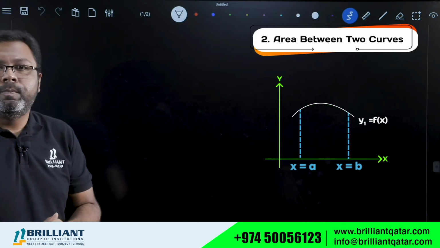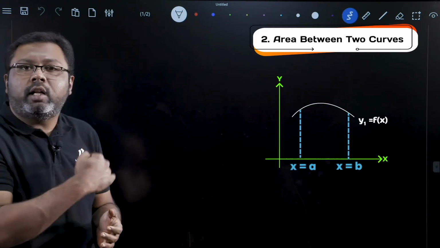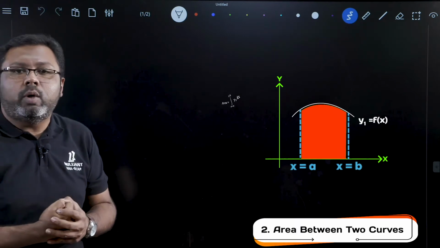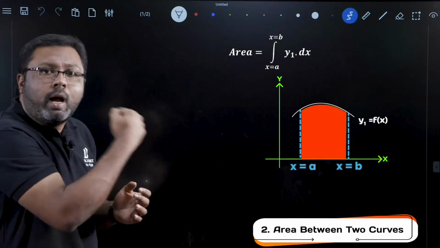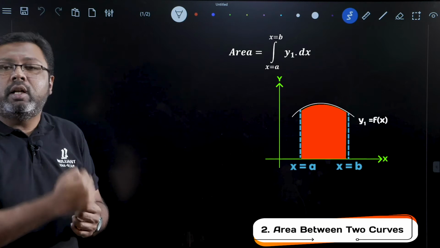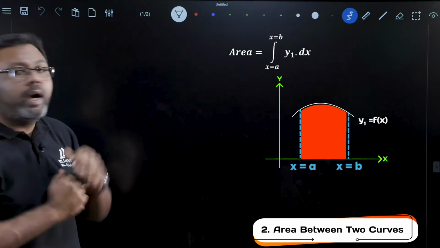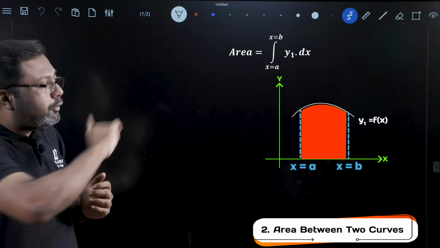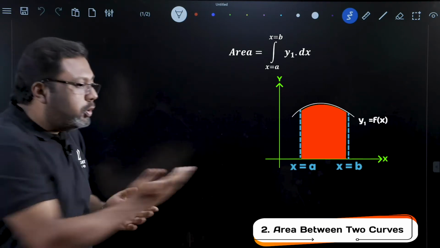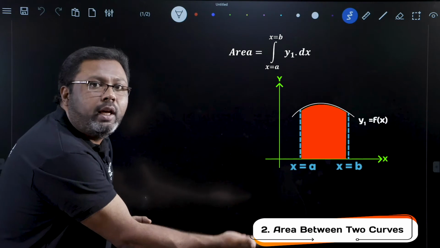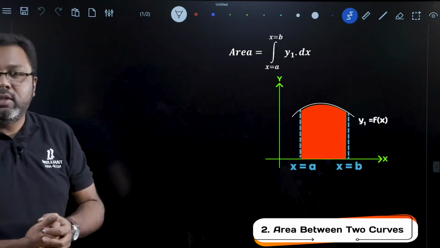Now if you find the area under the first curve, y1 is equal to f of x, you get the area from the normal equation, integral a to b y1 dx. That is the area under the first curve, up to the x-axis.